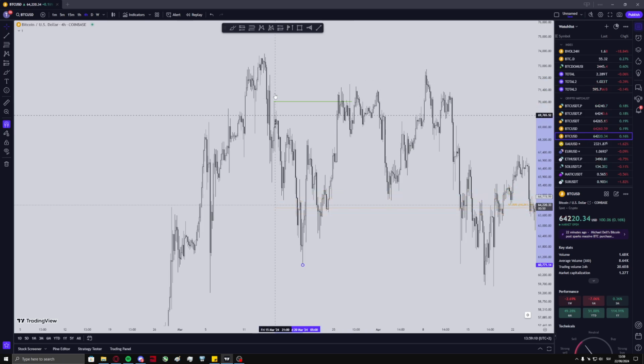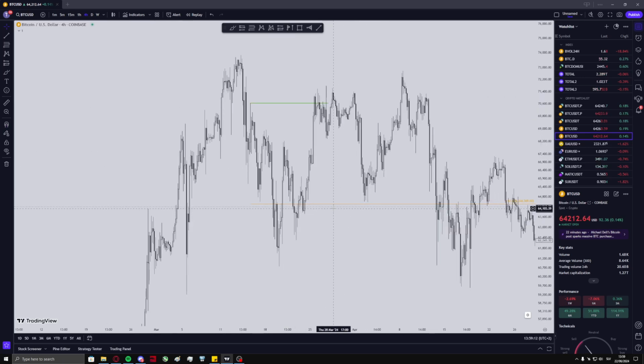Because a lot of the time, what's gonna happen is this 618 of the whole move will get broken through and will actually tap this 618.